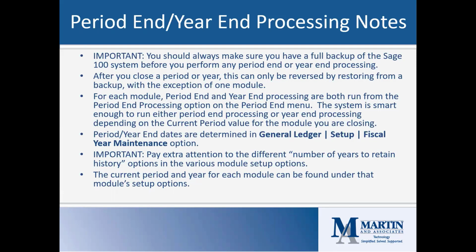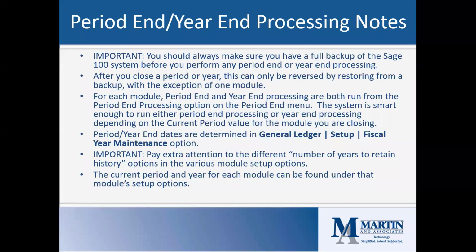So for each of the modules, period end and year end processing are both run from that module's period end menu, and then underneath that period end menu there will be an option called period end processing. So let me do one thing here.